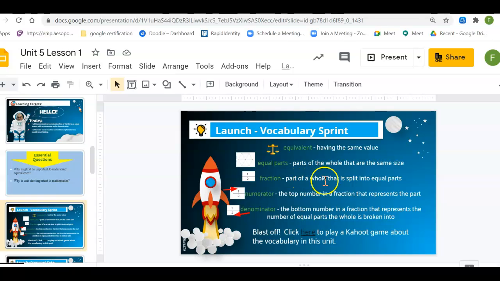Fraction: part of the whole that is split into equal parts. Numerator: the top number in a fraction that represents a part. And denominator: the bottom number in a fraction that represents the number of equal parts the whole is broken into. So pause the video and write down each vocabulary word and also the definition.